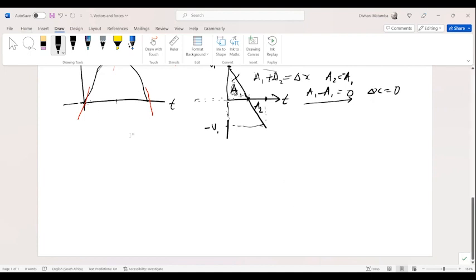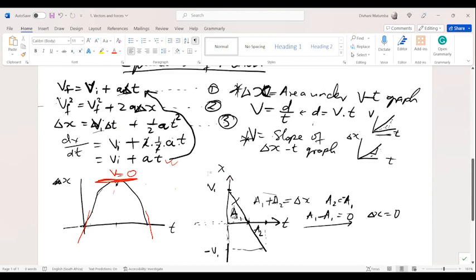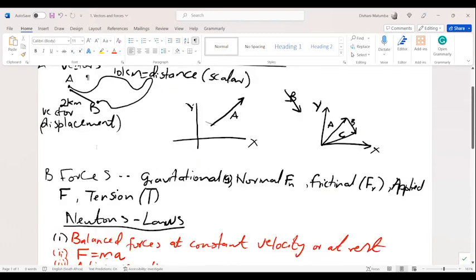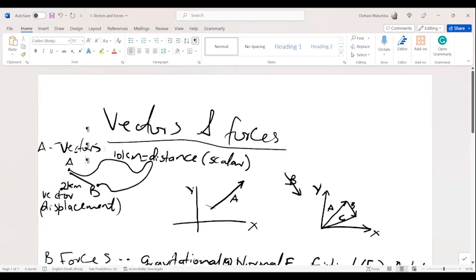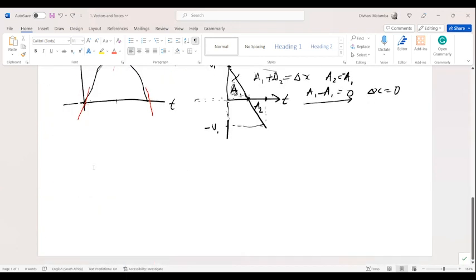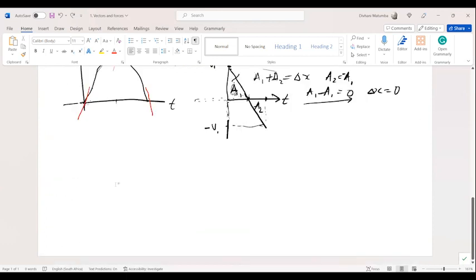So one last topic is the force itself. So let's talk about gravitational force.